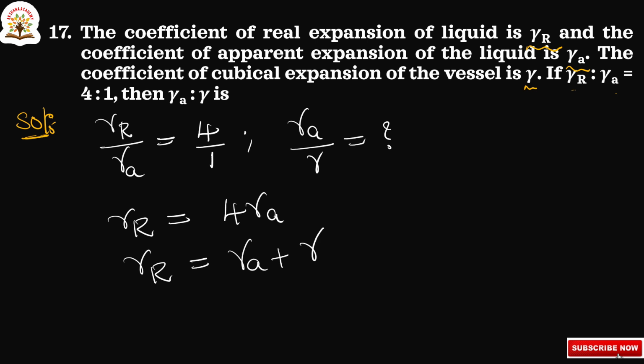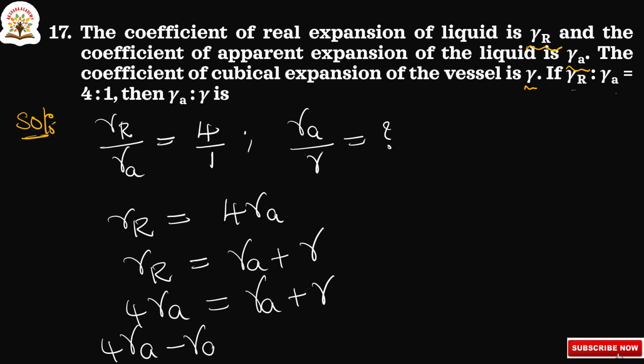So gamma R, which they have given as 4 gamma A, is equal to gamma A plus gamma. This can be written as 4 gamma A minus gamma A is equal to gamma. 4 gamma A minus gamma A is nothing but 3 gamma A, that is equal to gamma.